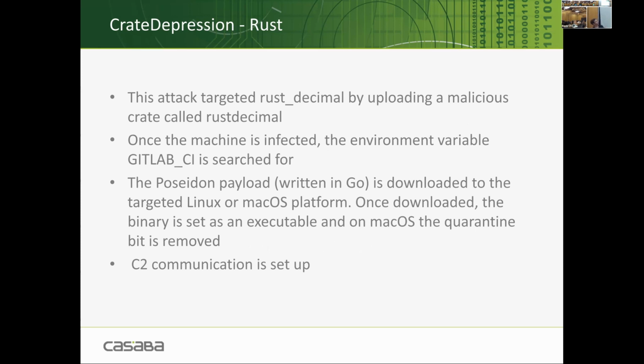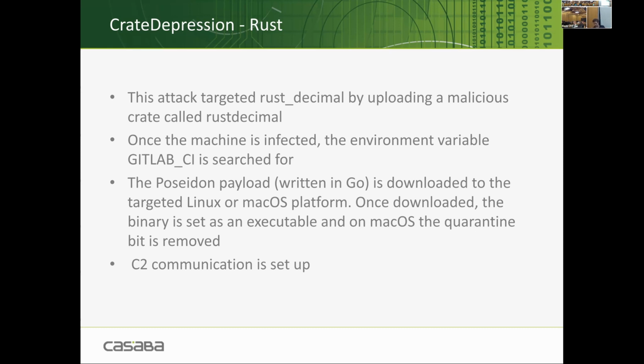So right here, this is just another typo-squatting example. There's a well-known Rust crate called rust_decimal. They uploaded a malicious one called Rust Decimal, and people used it without any issues. The way this worked is it looked for a GitLab CI variable, which indicated it was running in the context of a CI/CD pipeline.